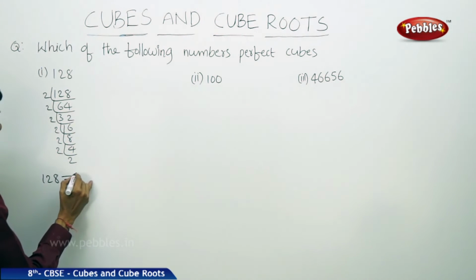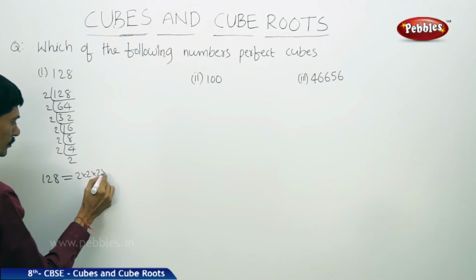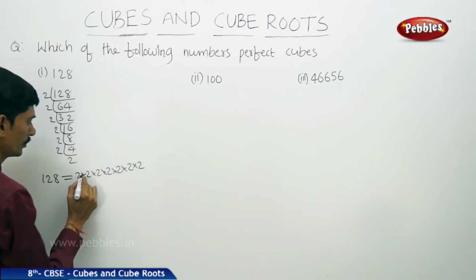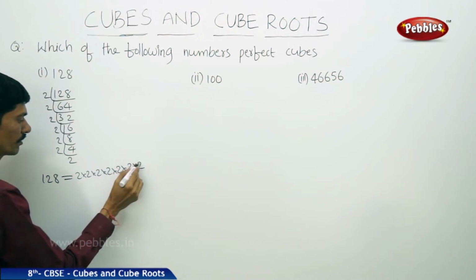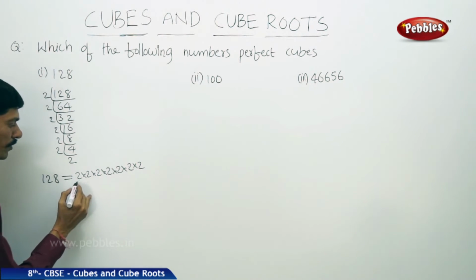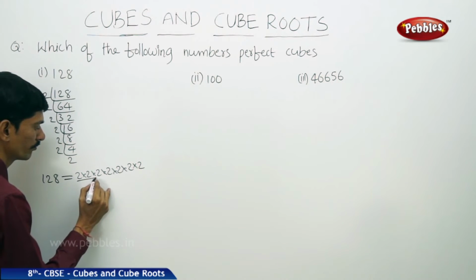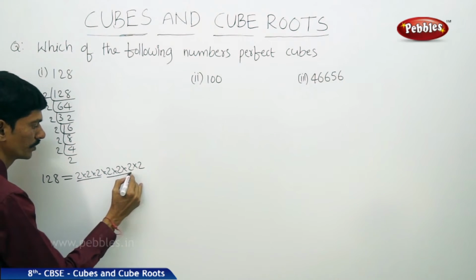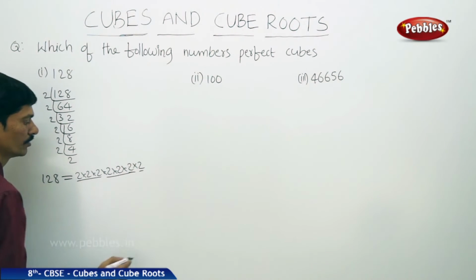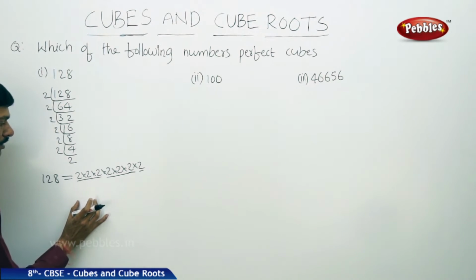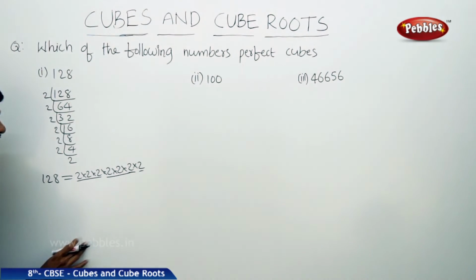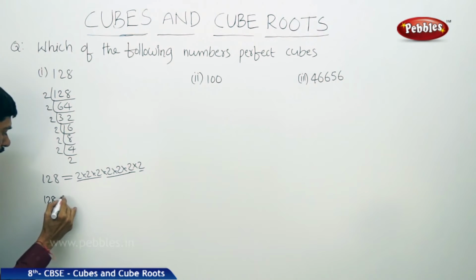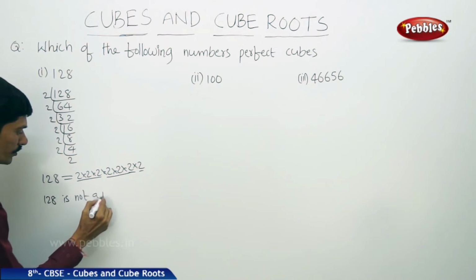So there are 7 2s. If you group in 3s, we can make the first group of 3 2s and the second group, but 1 2 is left here. So every prime factor does not appear 3 times. So 128 is not a perfect cube.